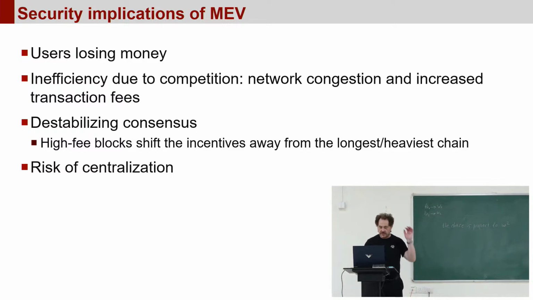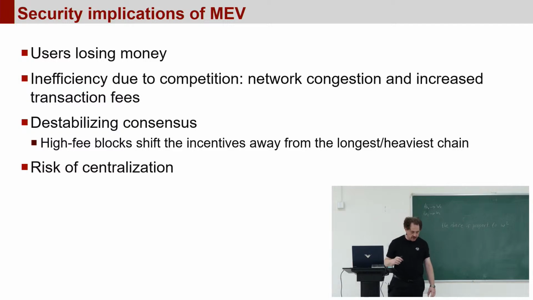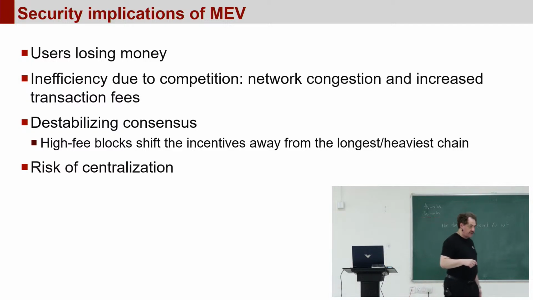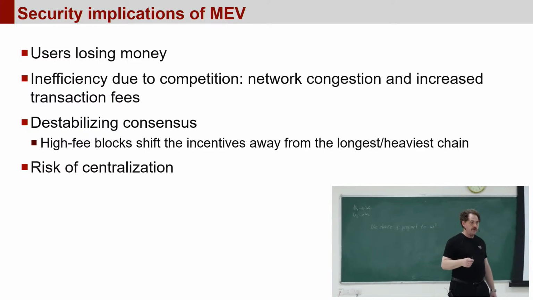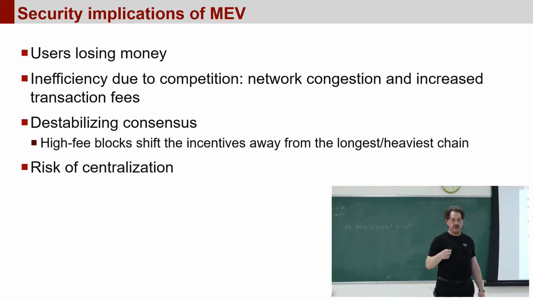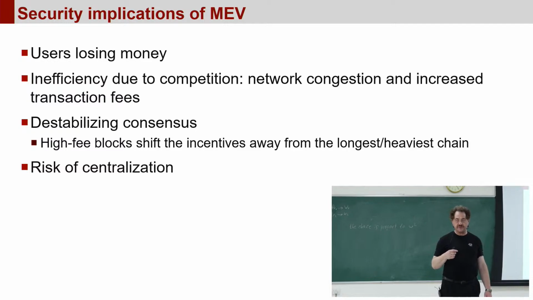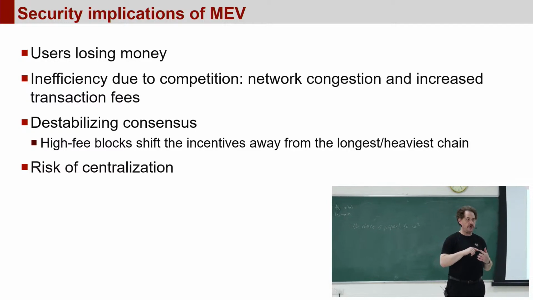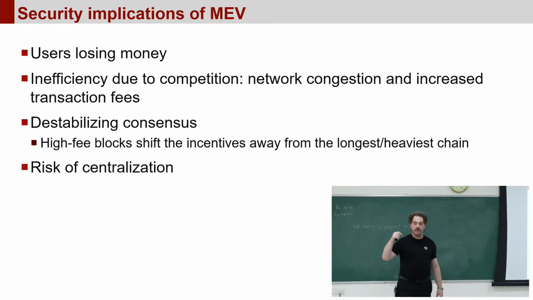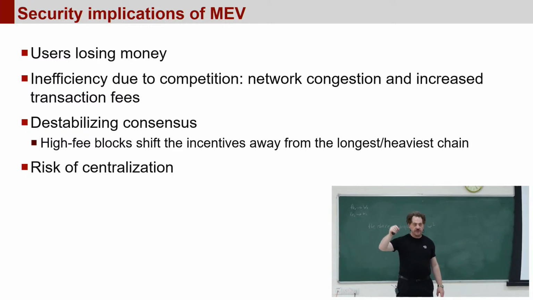And there is also a risk of centralization. So why is there a risk of centralization? Because it has been shown that you need sufficient resources to be a successful MEV searcher. You need to quickly search for opportunities, maybe use even AI to this end, and then you need to pay high fees.